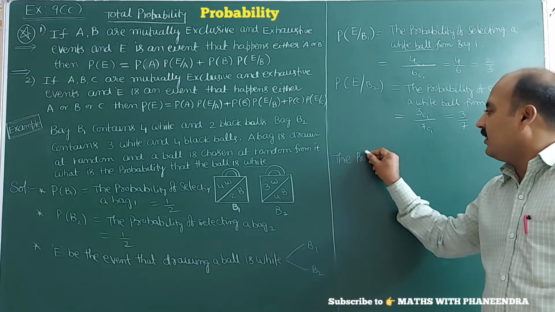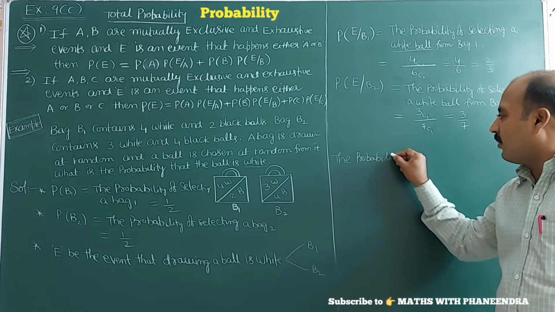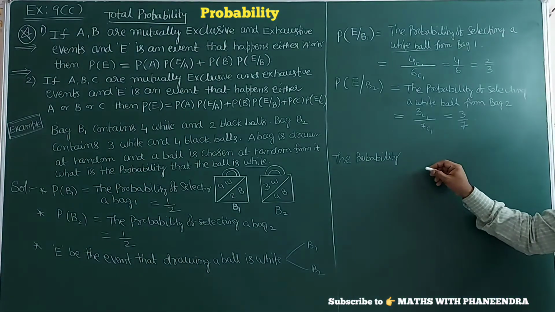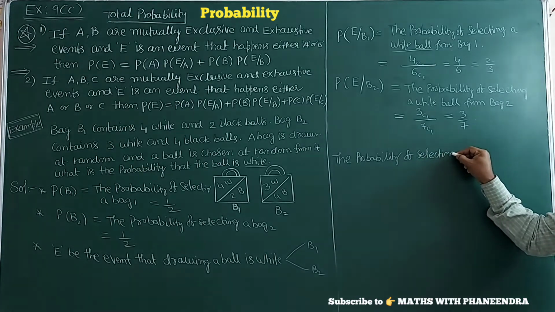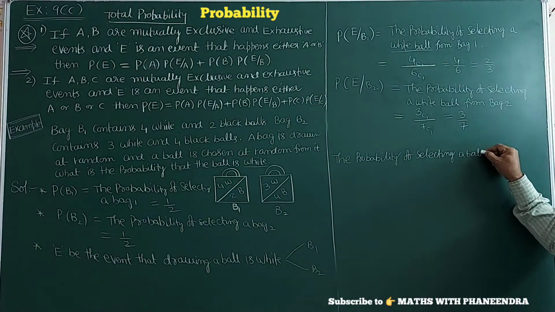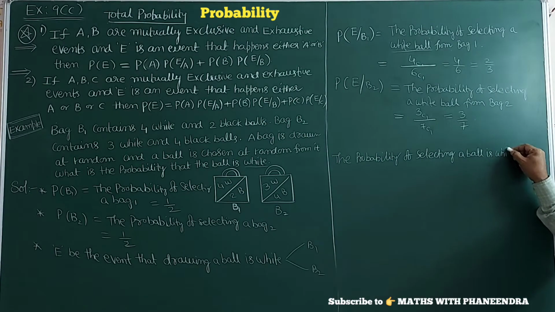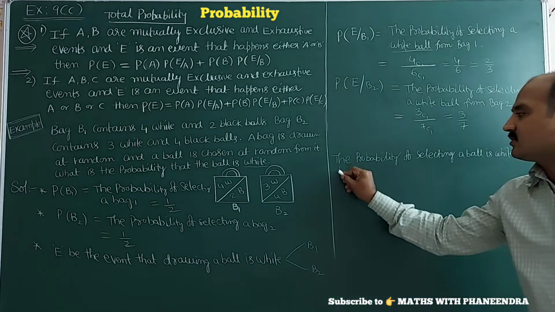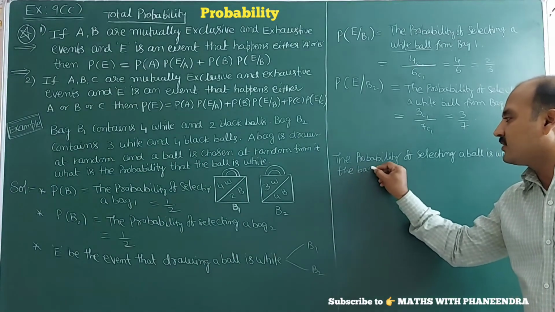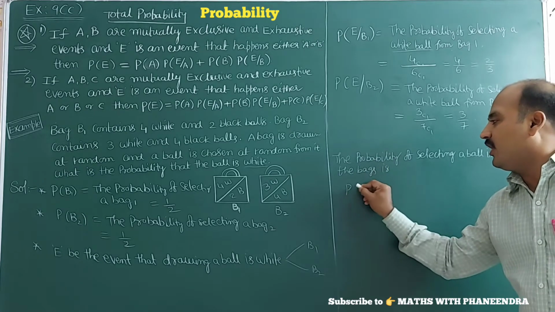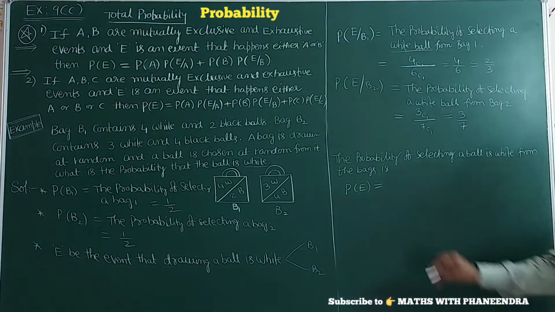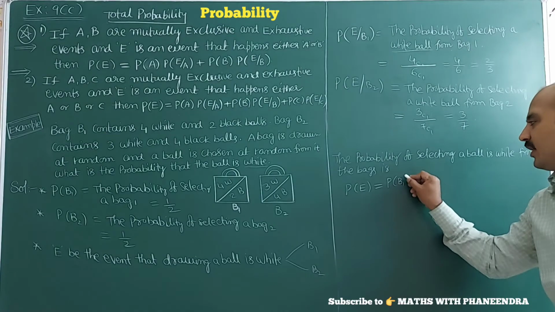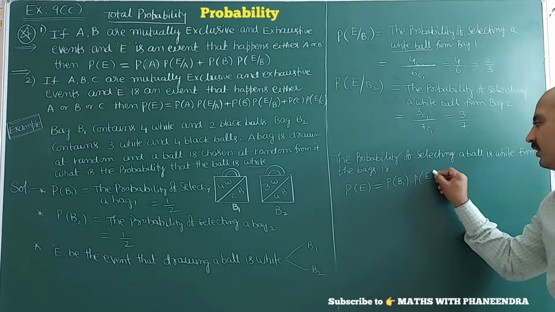The probability of selecting a ball that is white from the bags is P of E is equal to, observe dear students, P of B1 into P of E by B1.